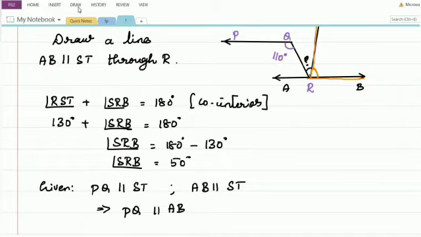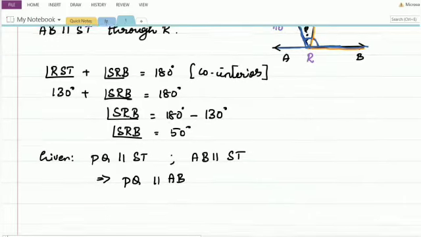So when you compare these two lines, look into the diagram. This PQ line is parallel to this AB line, and consider this QR as a transversal. Then what about these two angles? 110 and this angle R is alternate angle. We know that alternate angles are equal.